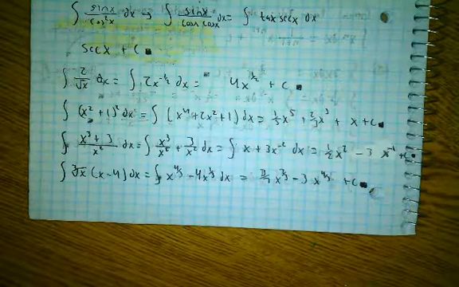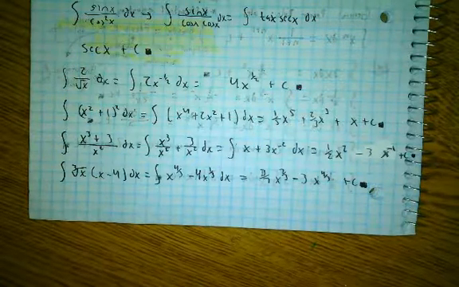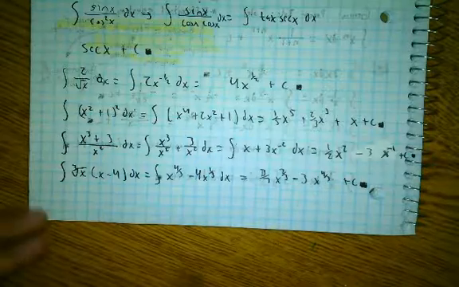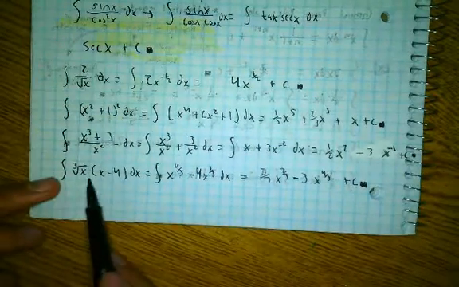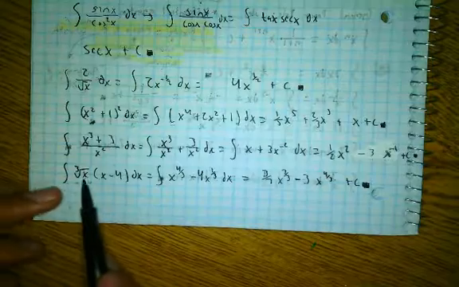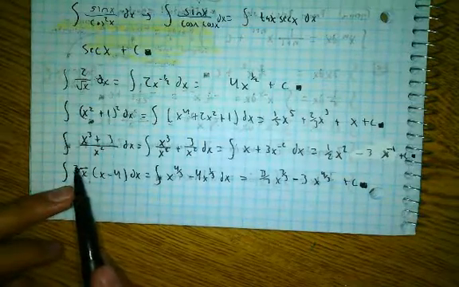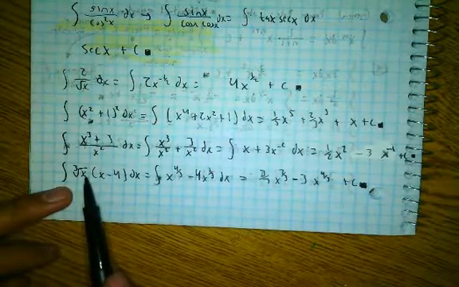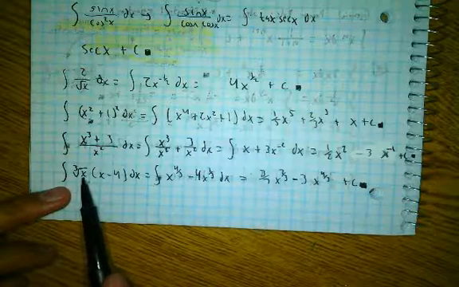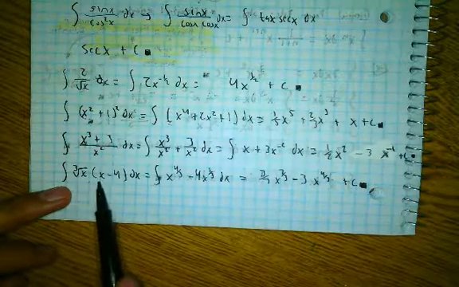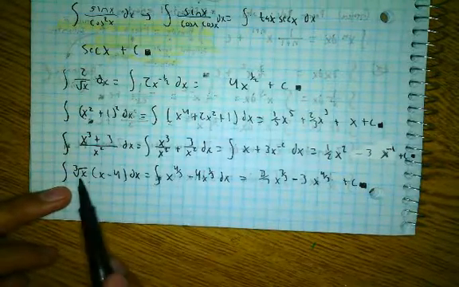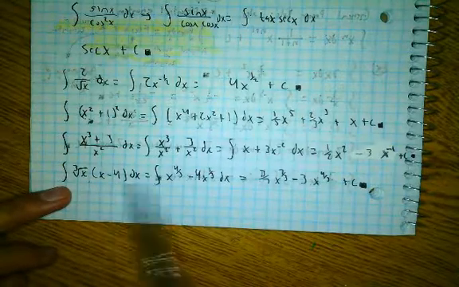So x to the 1/3 times x gives you x to the 4/3, and x to the 1/3 times negative 4 gives you negative 4x to the 1/3. And from there you should be able to anti-differentiate by adding 1 to the exponents, giving you this. Cool. Any questions over those 4 problems before we move on to something else, guys?